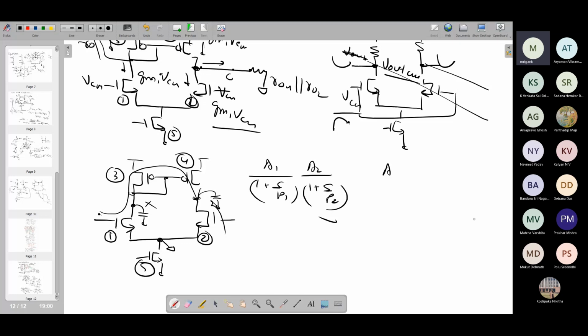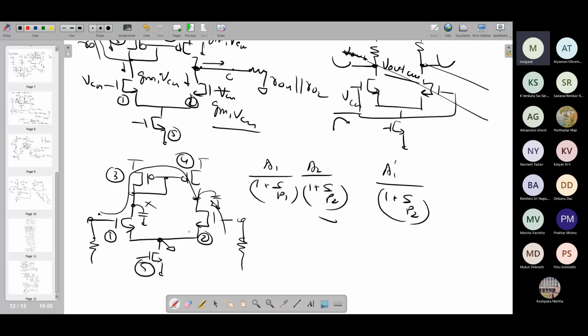The second path gives you gain of a1 dash upon (1 plus s upon p2), where p2 is the output pole. Of course, if you have an input side pole, that will also come into the picture. Assuming both inputs are identical, that will add another pole term, provided you have a non-zero impedance driving these nodes. So we need to include that. Then just one more factor will get added, and then you take the summation and find out.